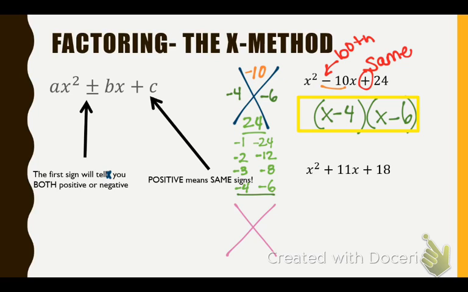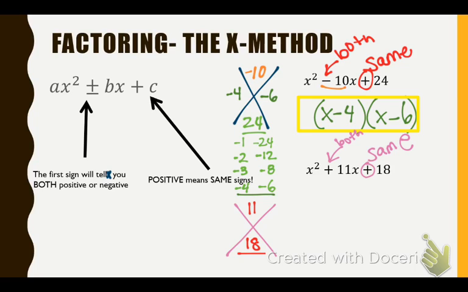All right. In the second, they're going to be the same sign. This one's easy. They're the same sign, and what are they both going to be? Positive. Same sign, both positive. What goes in the top of the x? 11. What goes in the bottom? 18.